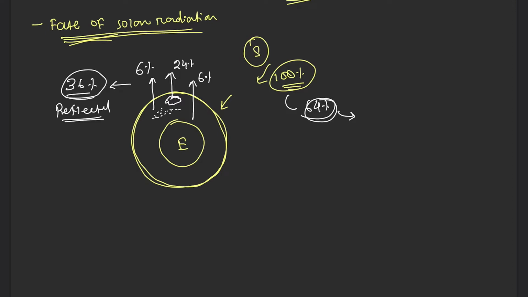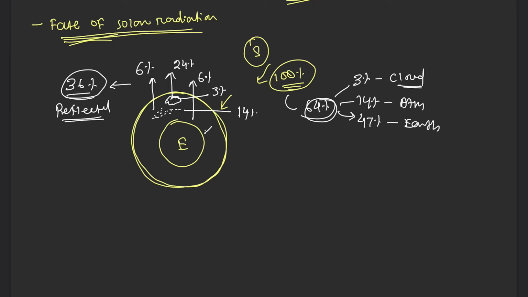So this radiation is entering the Earth's surface and remaining here. From this 64%, 3% is absorbed by clouds. Then the atmosphere absorbs around 14%, and the Earth's surface absorbs around 47% of energy.